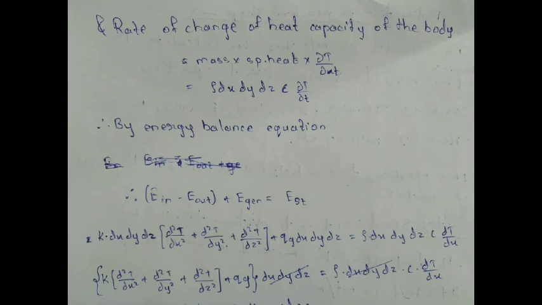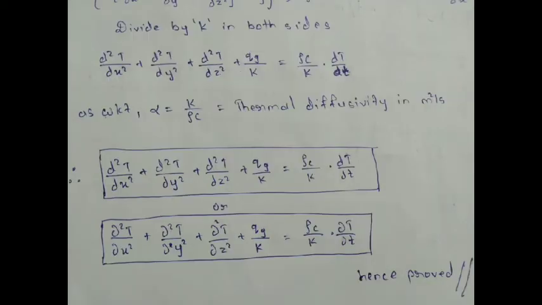Taking dx dy dz common on both sides, we can cancel it, and the remaining one is K into d square T by dx square plus d square T by dy square plus d square T by dz square, plus Qg, equal to rho into C into dT by dt.